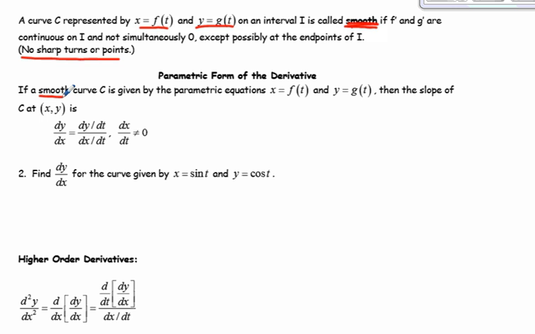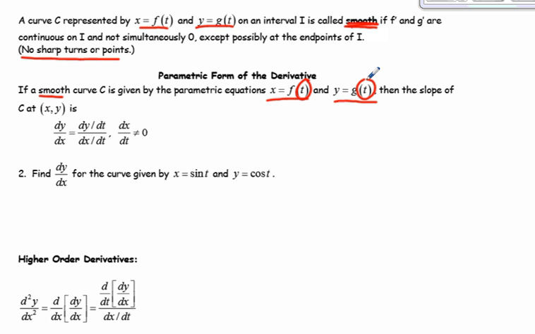Then how do you find the slope of a parametric equation? Well, the slope of a rectangular equation is dy over dx. So that is the same thing that we're going to be finding for the parametrics. We're finding dy/dx. Now, remember my y component and my x component are both in terms of t.